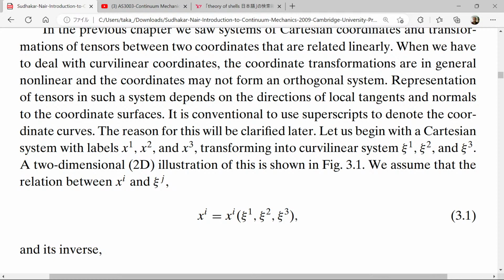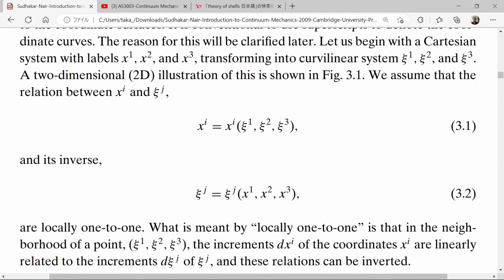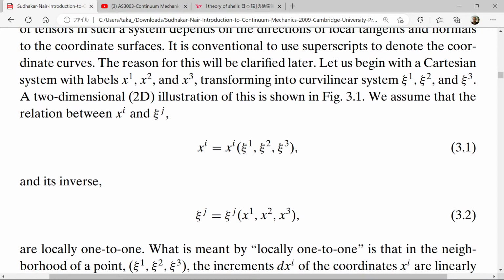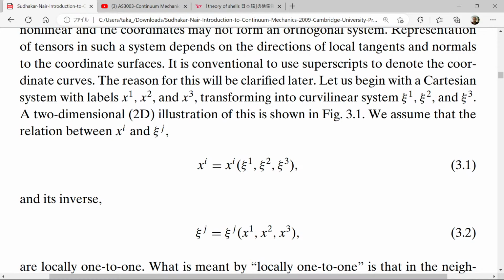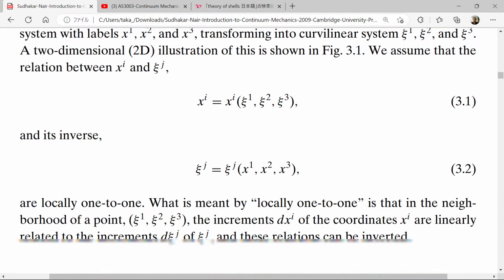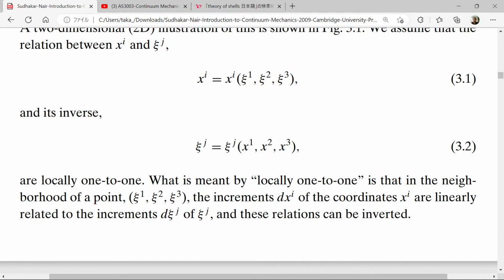We assume that the relation between xi and x, and its inverse, is locally one-to-one.